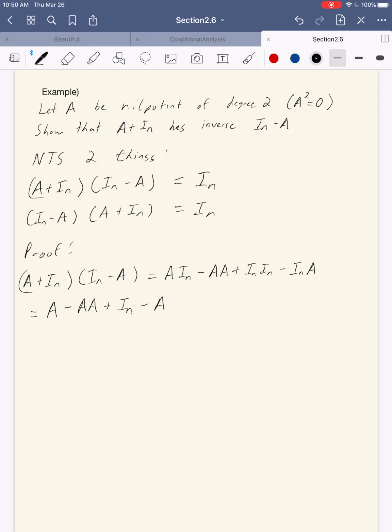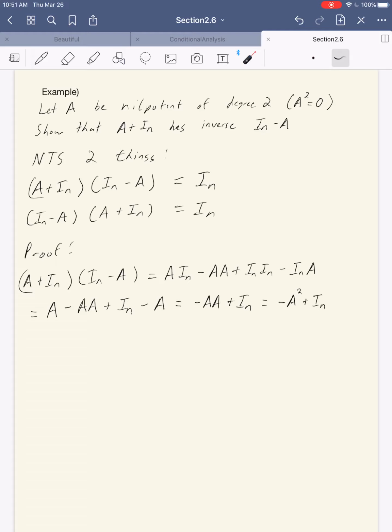All right, let's just clean this up a little bit more. We have A and minus A, so we can just get rid of those, and we get minus AA plus IN. All right, a little bit of notation here. This minus AA, that's just A times A, so we can write that as minus A squared plus IN. Okay, well, at this point, we've just manipulated everything.